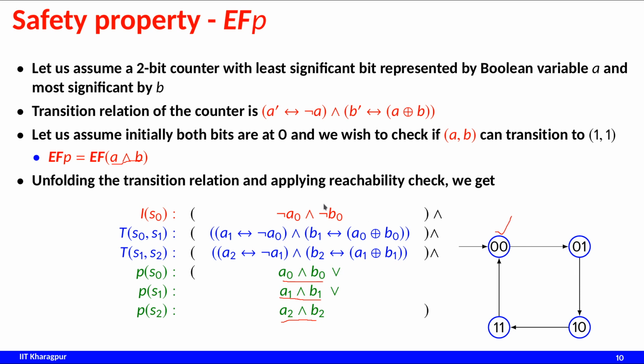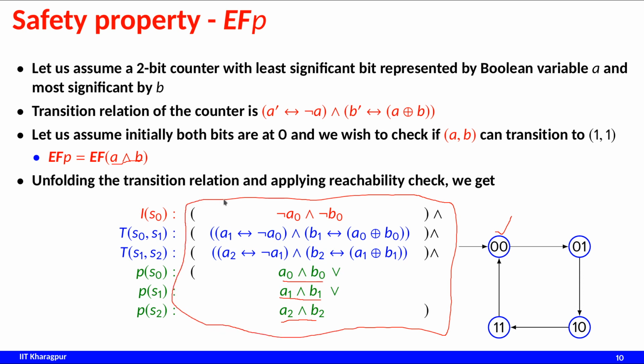So I have to check the validity of this Boolean expression, and how to do that with SAT we will come back. But the main point is that we construct this Boolean formula and we just need to check its validity. Now one thing to note here is that if it's valid, then I know the property is valid.